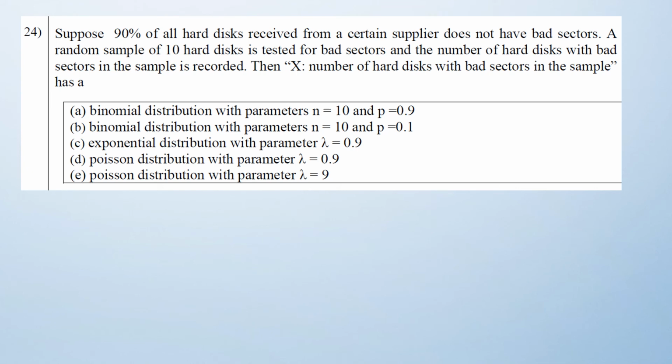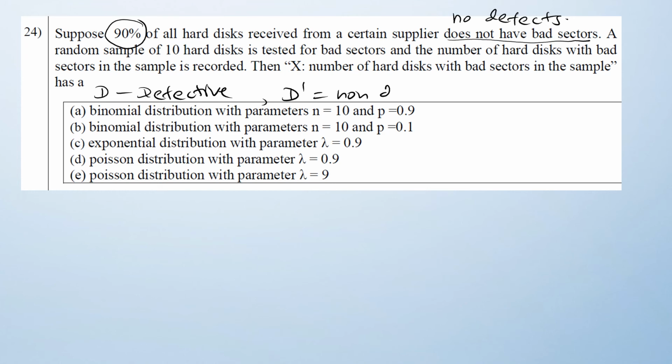Question number 24. 90% of the products do not have bad sectors, no defects. I'm going to consider D as being defective. Then D dash, the complement of that, will be non-defective.